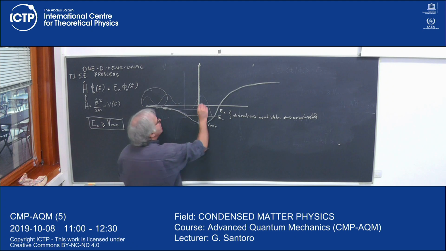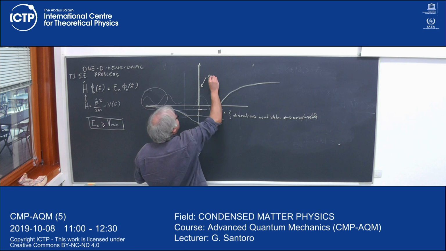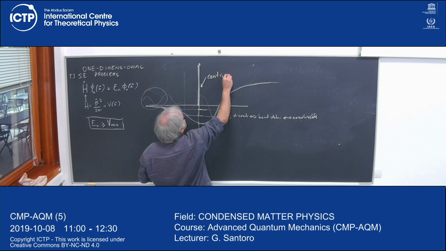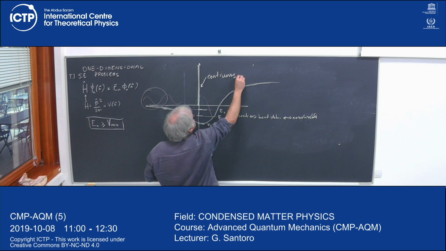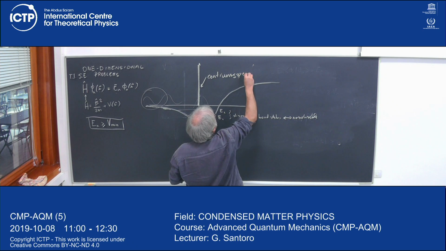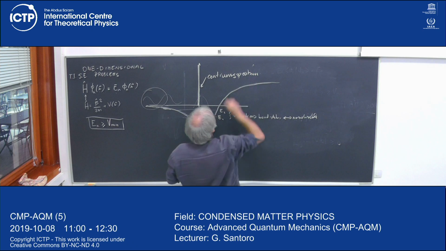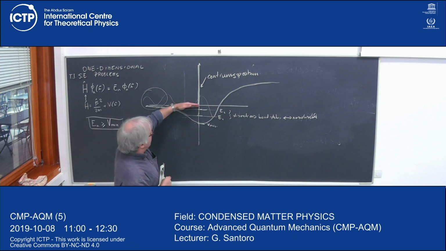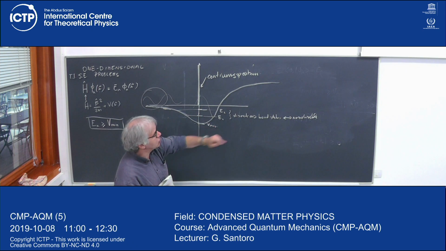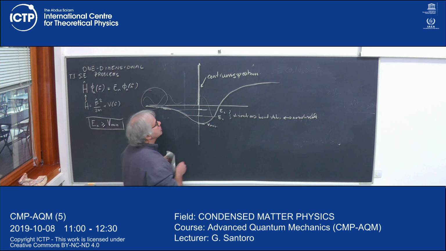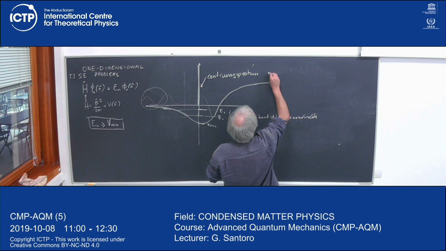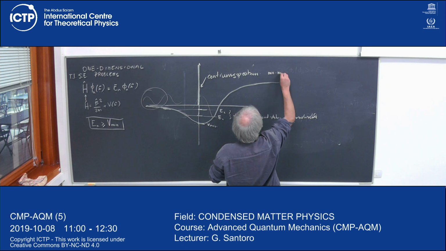So this part is a part of the continuous spectrum. Remember that the free particle has exactly a continuous spectrum. Now we are learning that there could also be parts with discrete spectrum associated to normalizable functions. So these are usually non-normalizable.